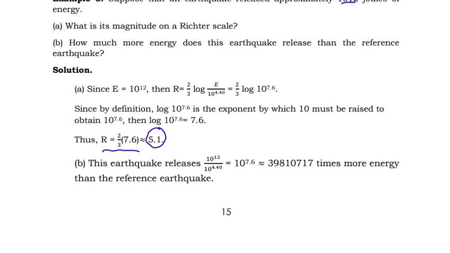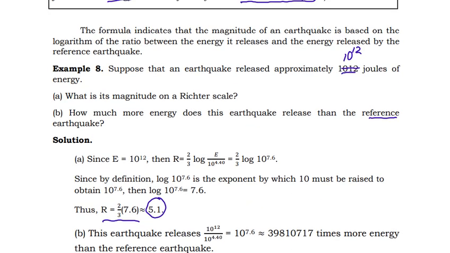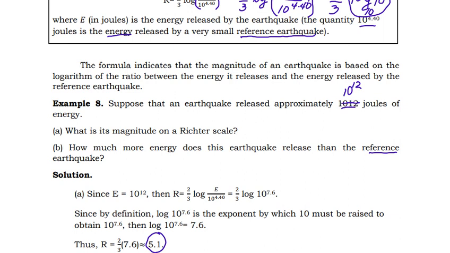Okay. So the question number 2 is how much more energy does this earthquake release than the reference earthquake? So how much more? It means we are referring to comparing the given energy or the difference between the 10 to the power of 4.40 to 10 to the power of 12.